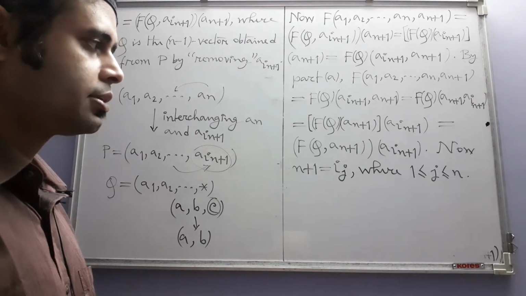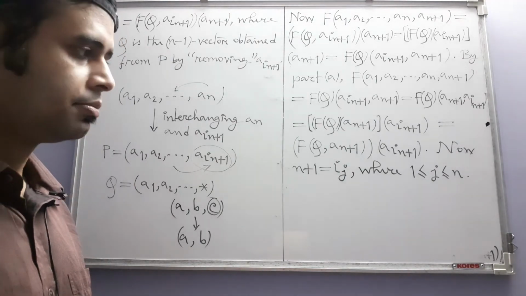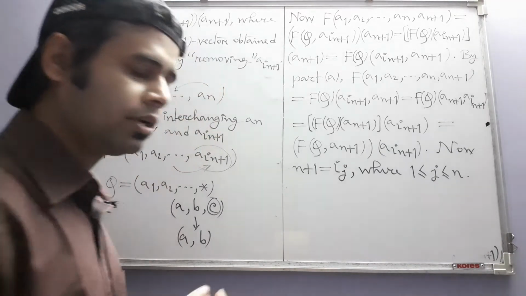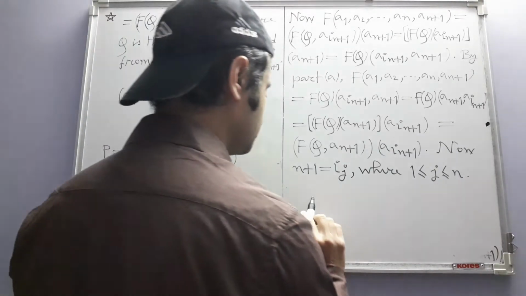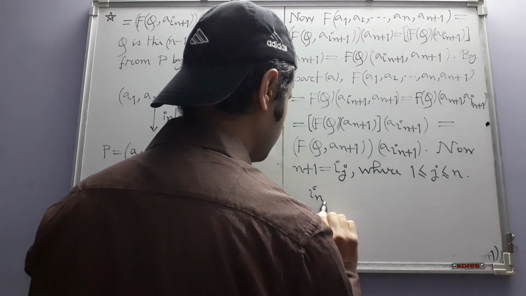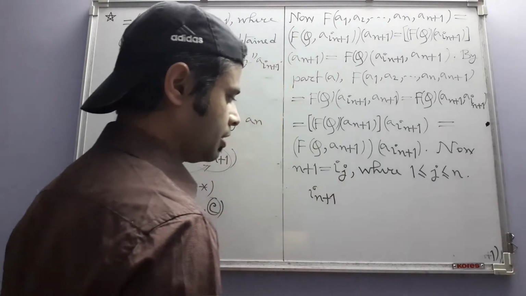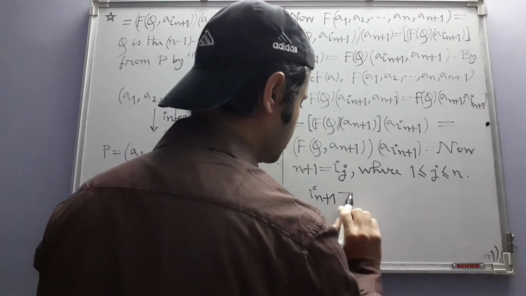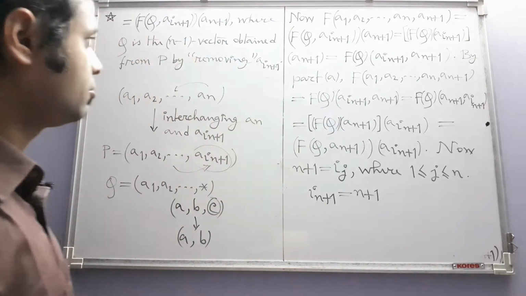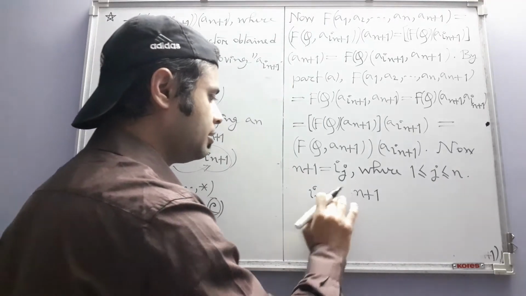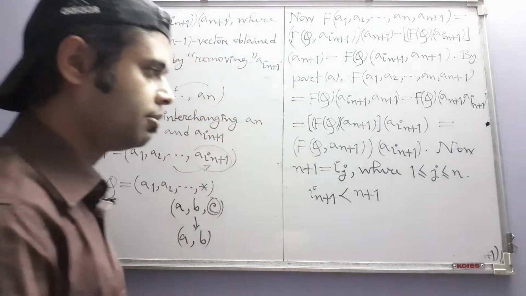Of course j lies between 1 and n plus 1, because those are the available symbols, but j cannot be equal to n plus 1, because when j is n plus 1, we have i_{n+1}, and this equation would then imply this. But according to our assumption, i_{n+1} is less than n plus 1.